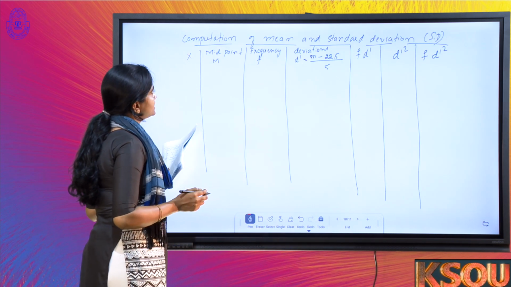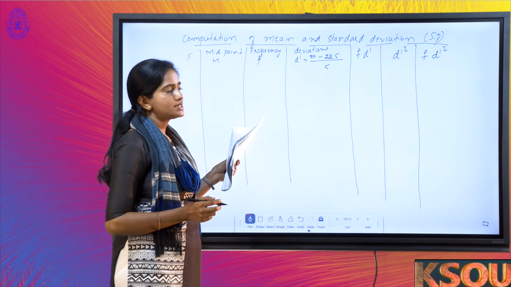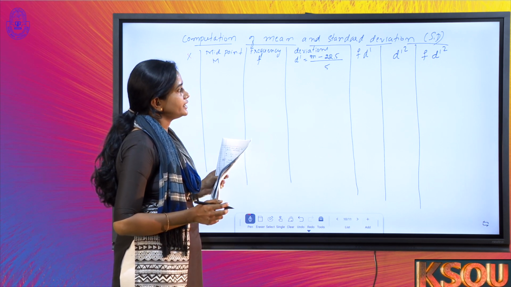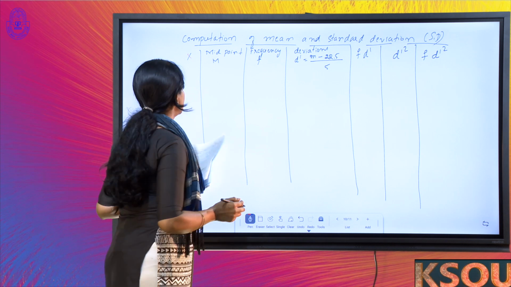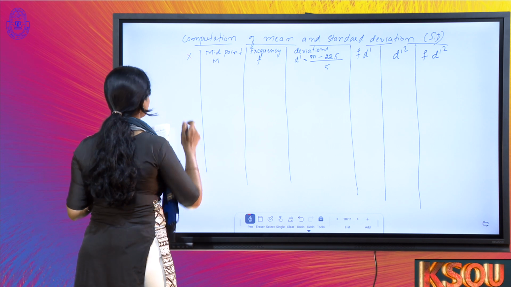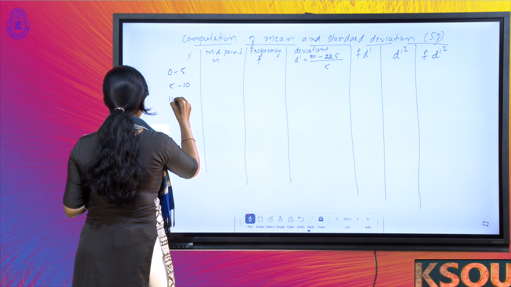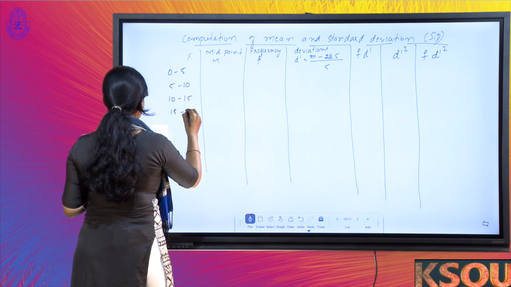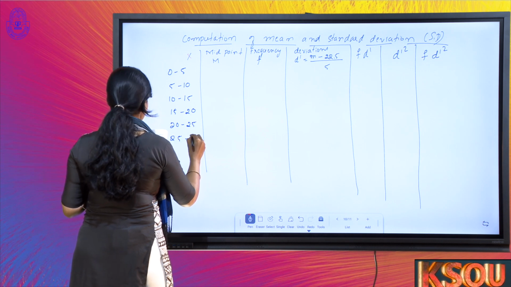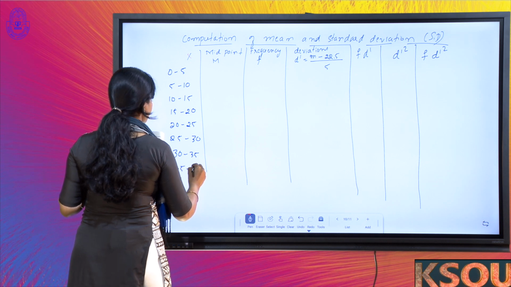So, let us calculate the mean and standard deviation values. Before calculating the mean and standard deviation, we need fd dash and fd dash square. For that you will have to take the x values, that is 0 to 5, 5 to 10, 10 to 15, 15 to 20, 20 to 25, 25 to 30, 30 to 35, 35 to 40.